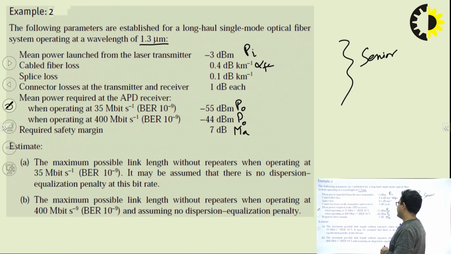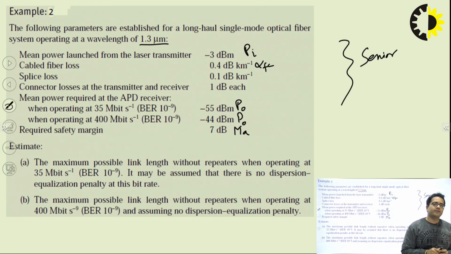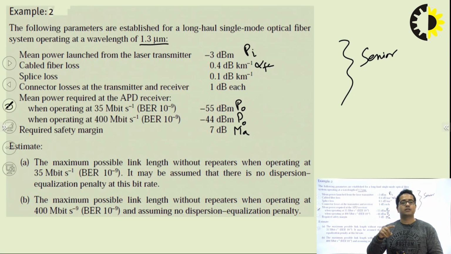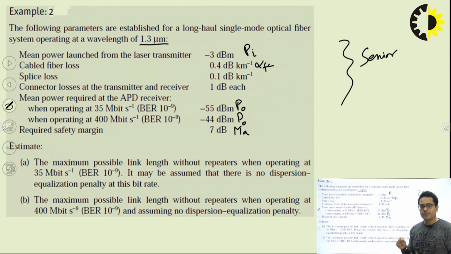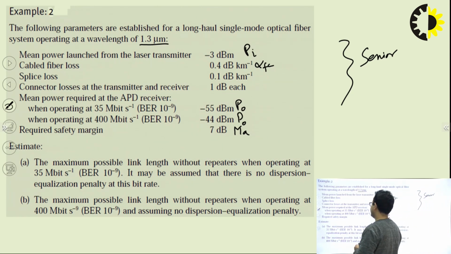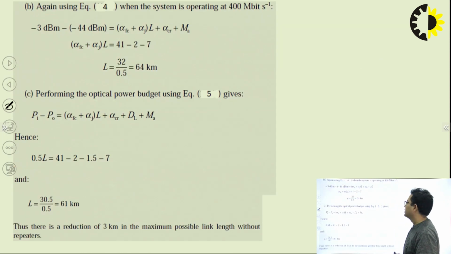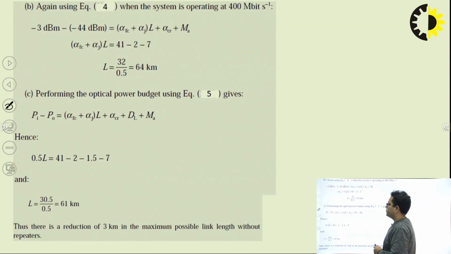Now this is happening when your receiver is receiving at a rate of 35 Mbps. Now what if we increase the rate of your APD, operating at 400 Mbps? Now what is happening at this point? Let us try to visualize the thing. Again we have to put the same values in the same formula.